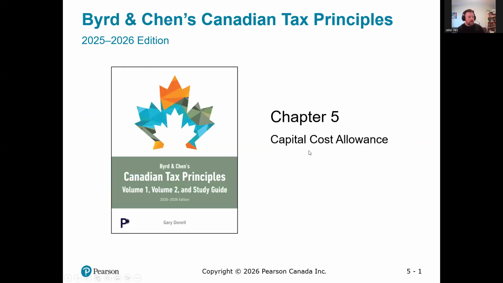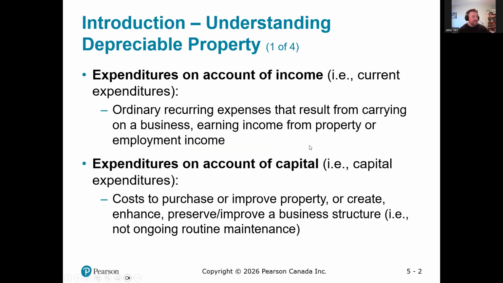So, capital cost allowance. When we consider capital cost allowance, we have to identify what it means to have depreciable property. On depreciable property, you might have expenditures that are on account of income. These are your current expenditures.